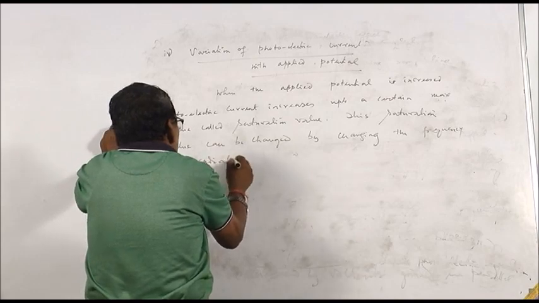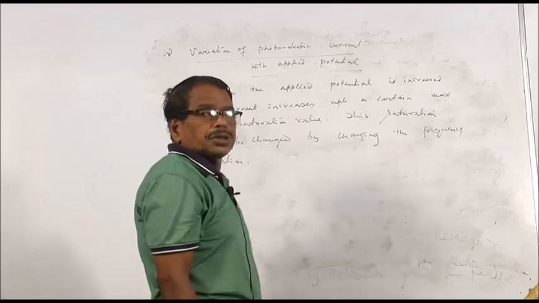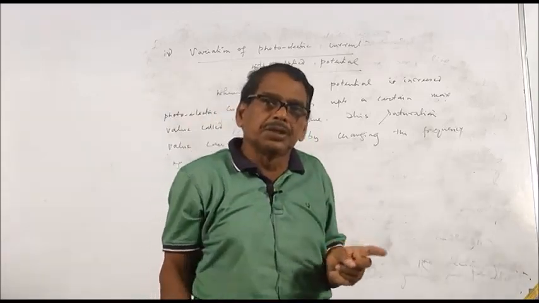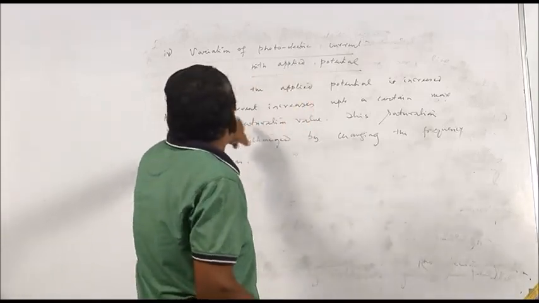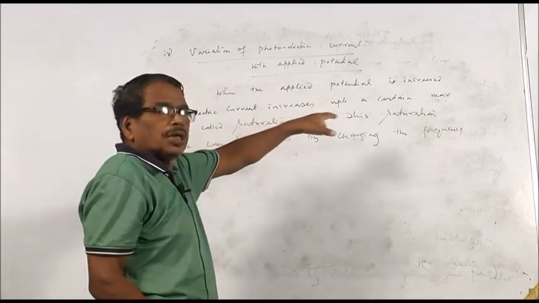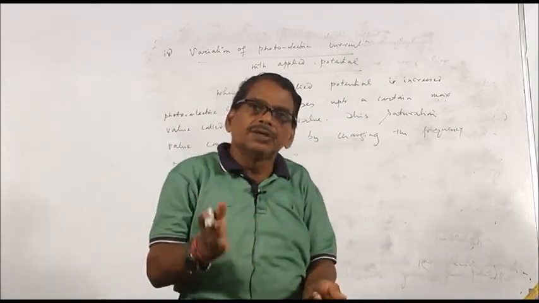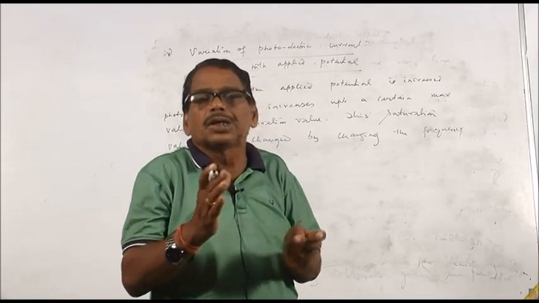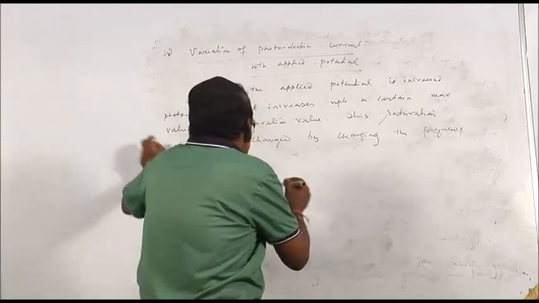So, for a particular frequency of radiation, saturation current is a fixed value. When you increase the potential, photoelectric current increases. Similarly, when potential is decreased, photoelectric current decreases.